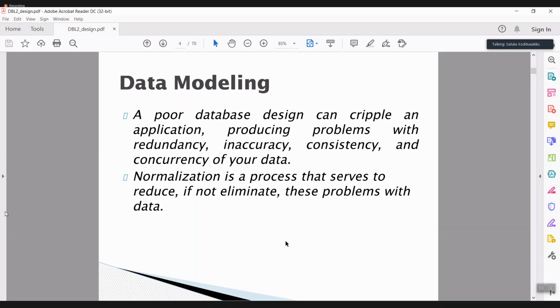This normalization process is used to minimize those problems, and in most cases we try to eliminate rather than minimize them whenever possible. It may not be possible to eliminate 100%, but through normalization we try to eliminate those problematic or poor aspects and bring it to a quality design.